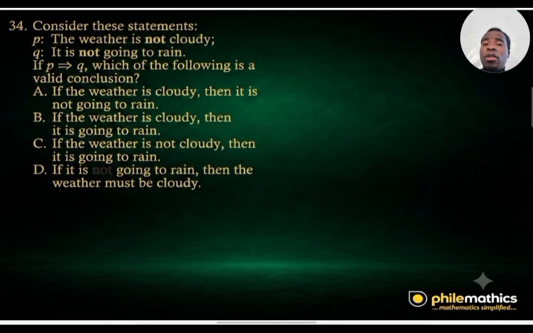For us to get the correct answer, we need to understand what this logical statement is. P implies Q means if P, then Q. Another way of saying this is the contrapositive.